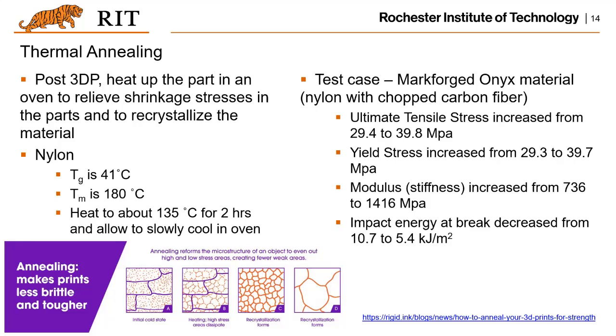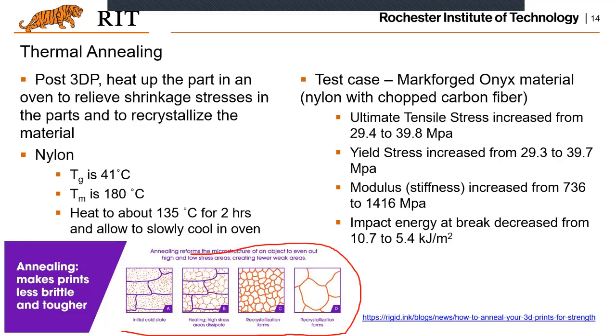If you look at the molecular chains of the material, in a recrystallized form you can see the patterns are more organized and uniform. So it turns out that leads to better mechanical property.